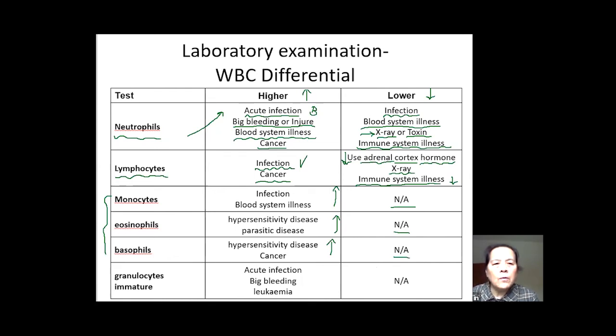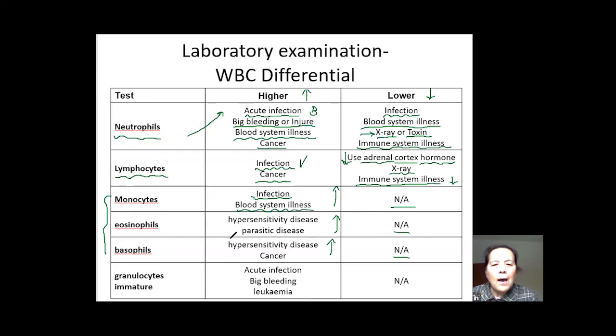So monocytosis can still be caused by some infections. Some special kinds of infections can cause their number to increase, and blood system illness can cause an increase.